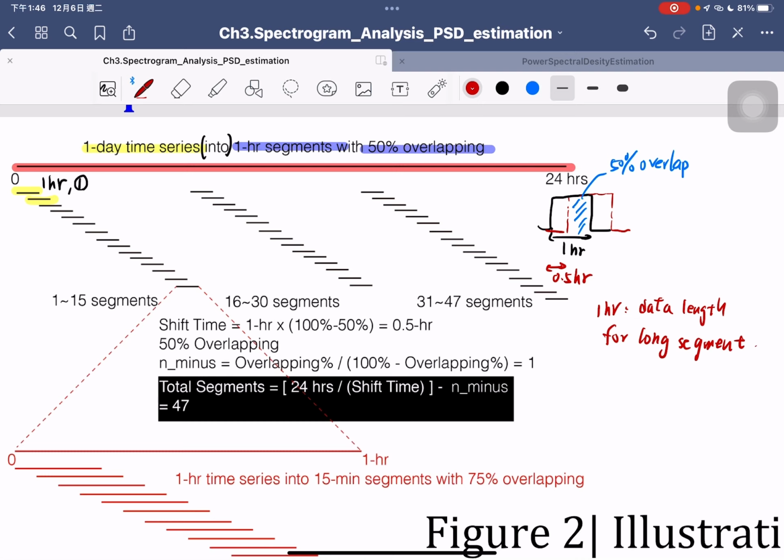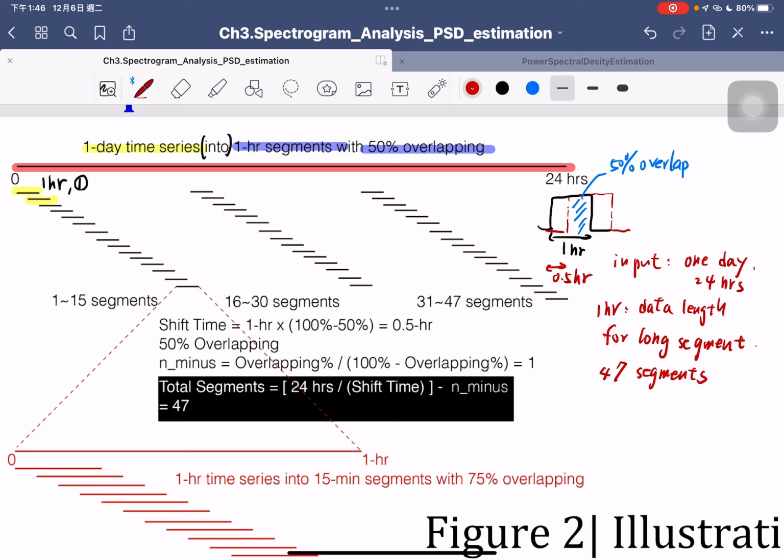Okay, and in total we have 47 segments, and our input data is 1 day. Okay, and in 1 day we have 24 hours, right?